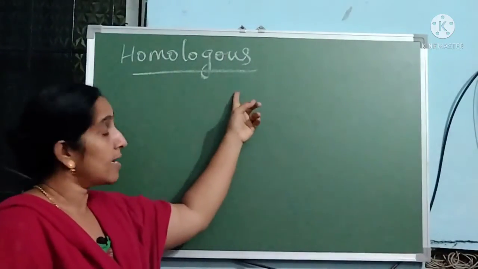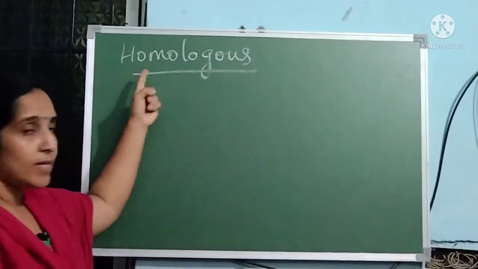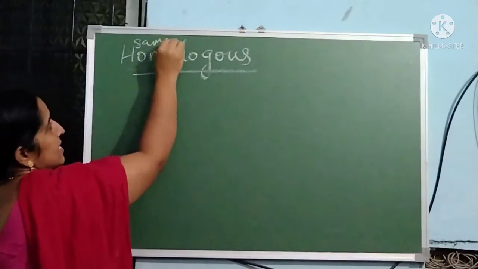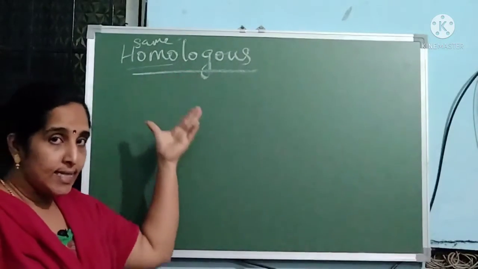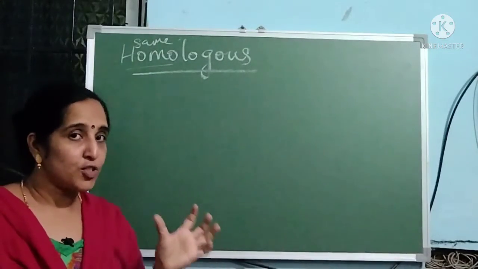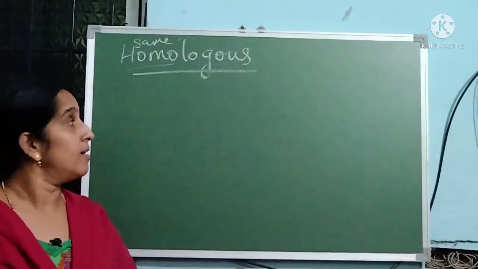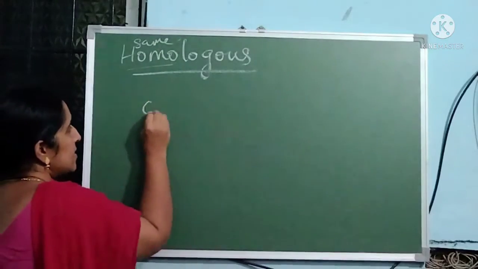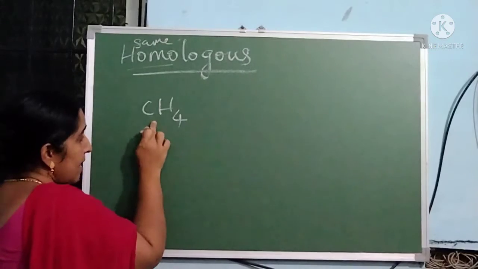Homologous series. This is another important topic in this chapter. So what is homo? Homo means same. So a series which contains the same functional group by replacing a hydrogen atom is called a homologous series. For example, CH4 is called methane.